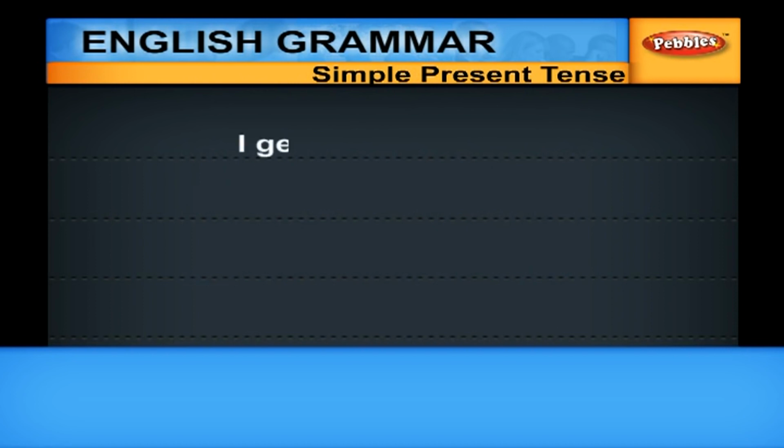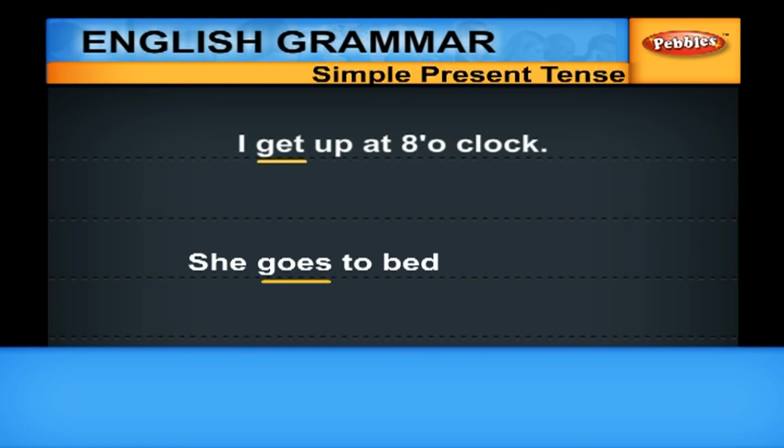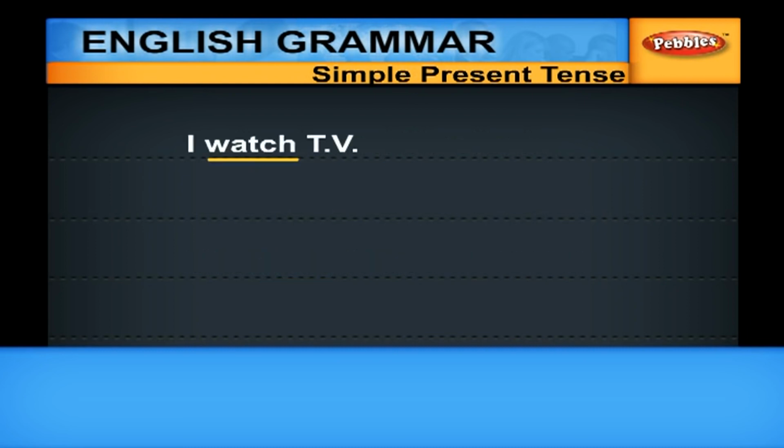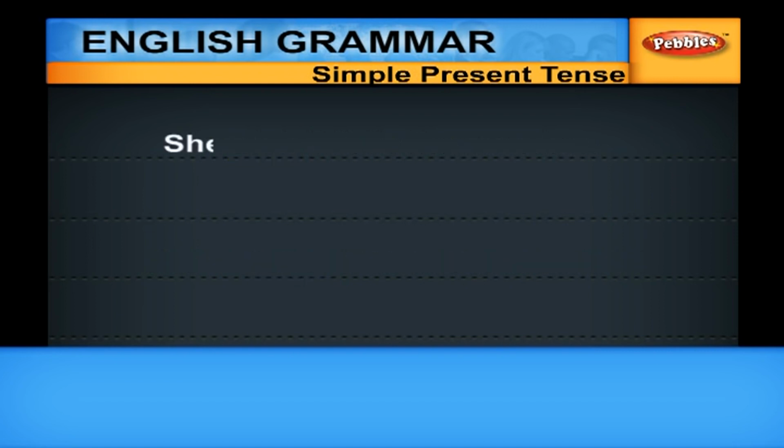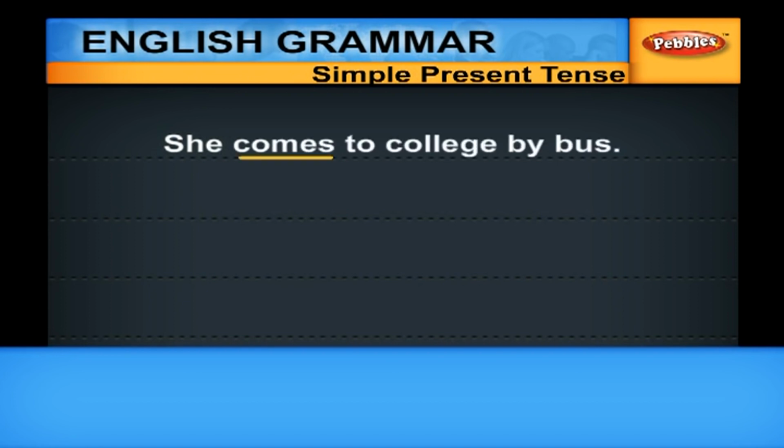I get up at 8 o'clock. She goes to bed at 10 p.m. I watch TV in the evening. She watches TV in the morning. She comes to college by bus. I come to college by train.